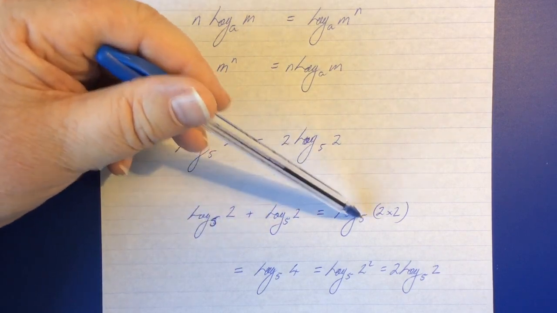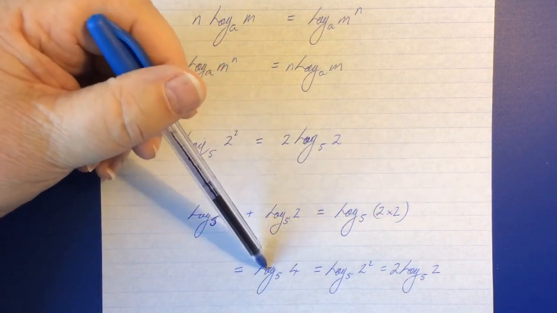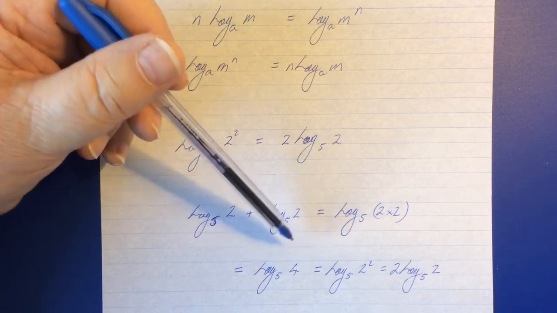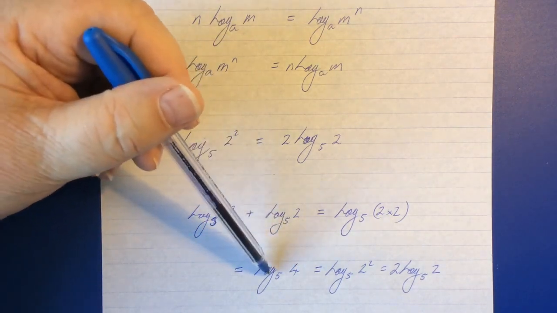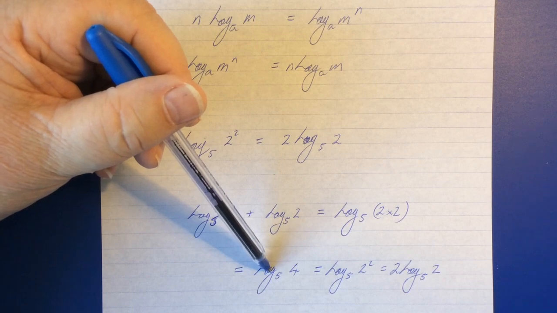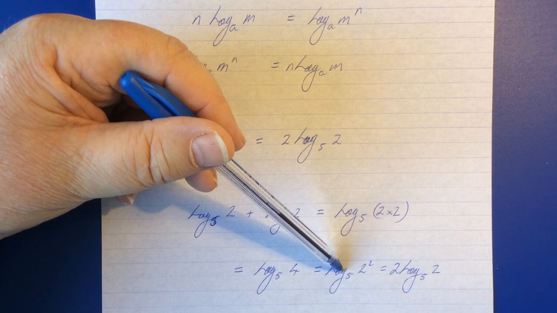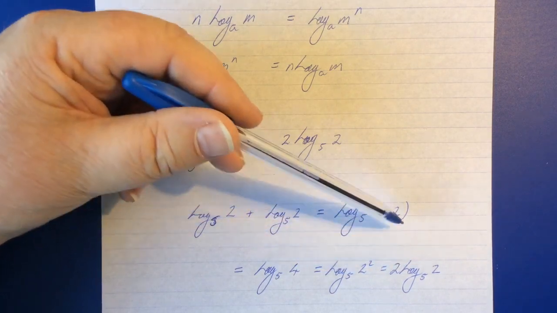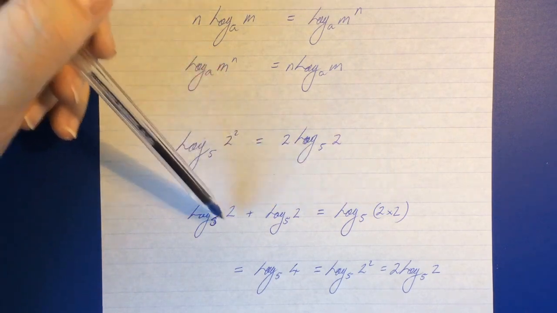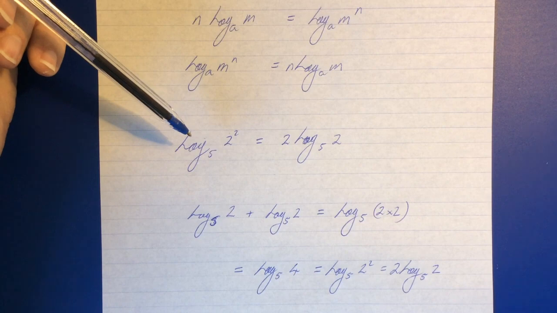And that gives us this, 2 times 2, which is 4, which we have here. Now, 4 can be written as 2 squared. So we can write this as this. And according to this law and what I've just shown you here, we can also write it as this.